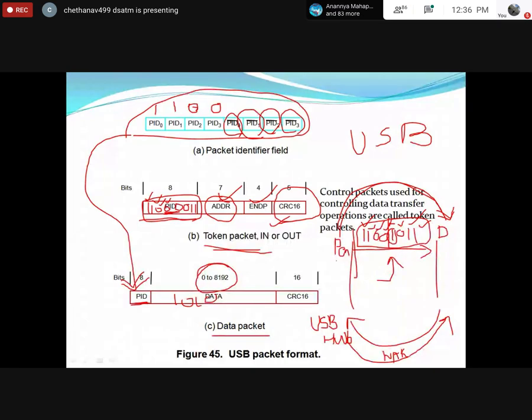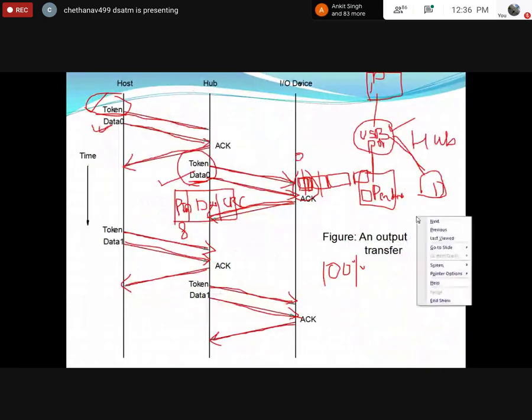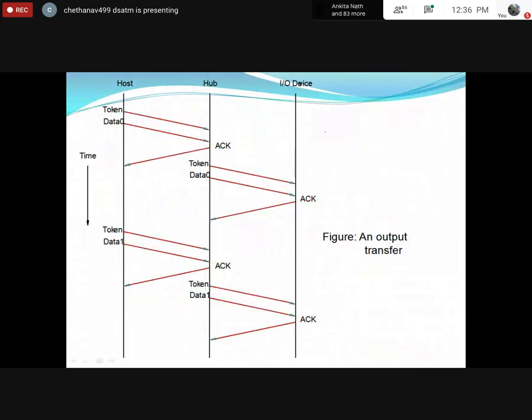Suppose I'm sending the data packets. Assume I'm going to send within 1 second. In 1 second, I'm sending the packets: packet number 0, packet number 1, packet number 2, packet number 3, packet number 4, like this.